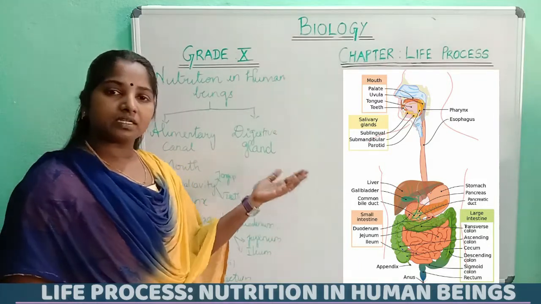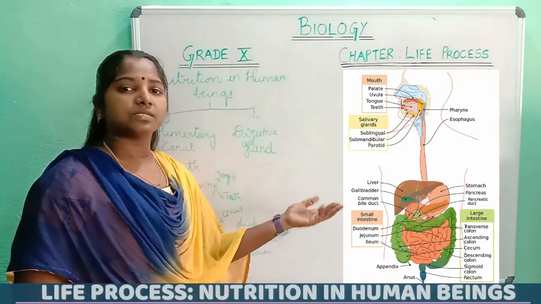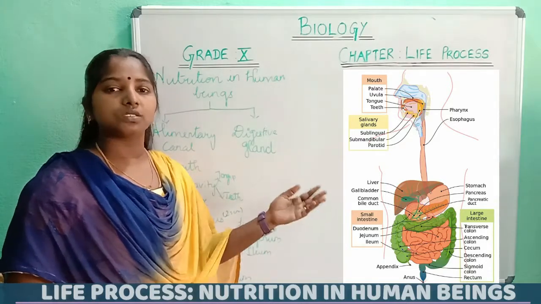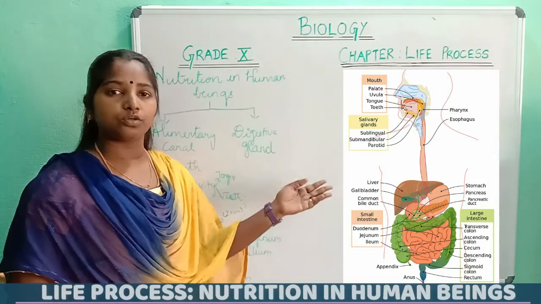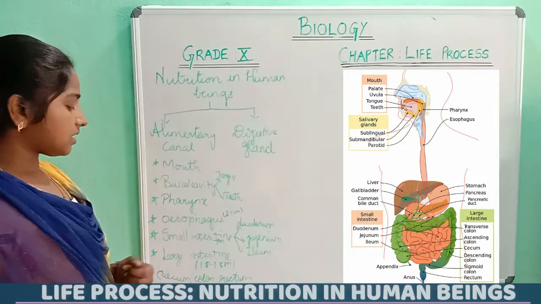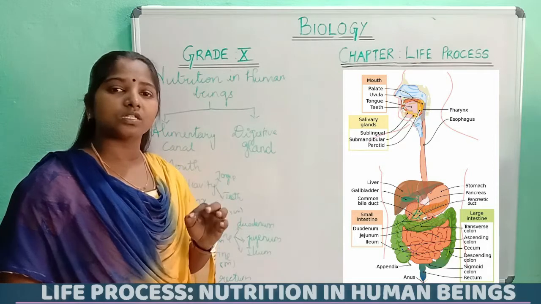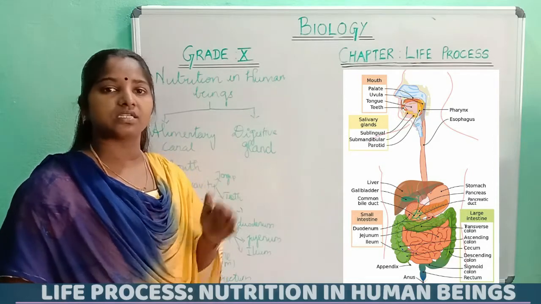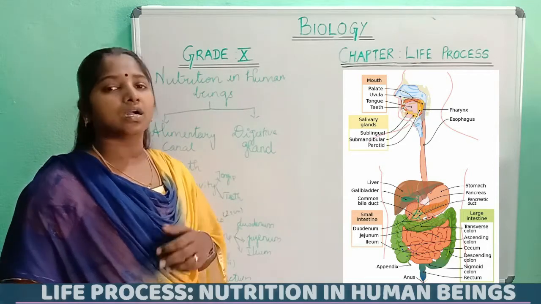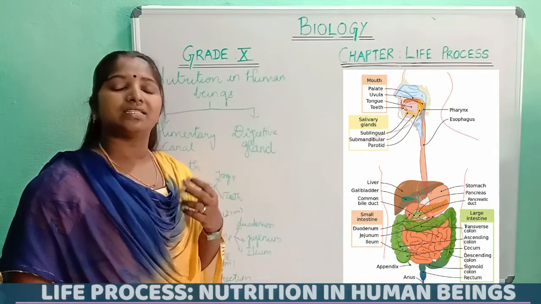Once all this happens, the waste products will be left out. Those waste products move towards the large intestine. The large intestine does not involve in the digestion process. It allows all the waste products to come out. It absorbs only water and the electrolytes.